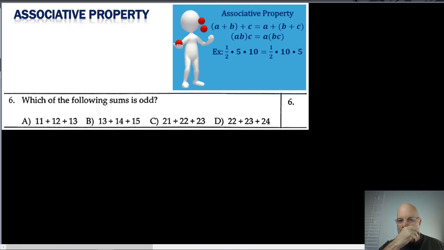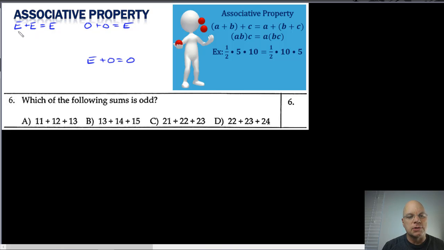Problem number 6. There are rules about adding evens and odds. For example, an even number plus an even number equals an even number, and an odd number plus an odd number equals an even number, and even plus odd equals odd.